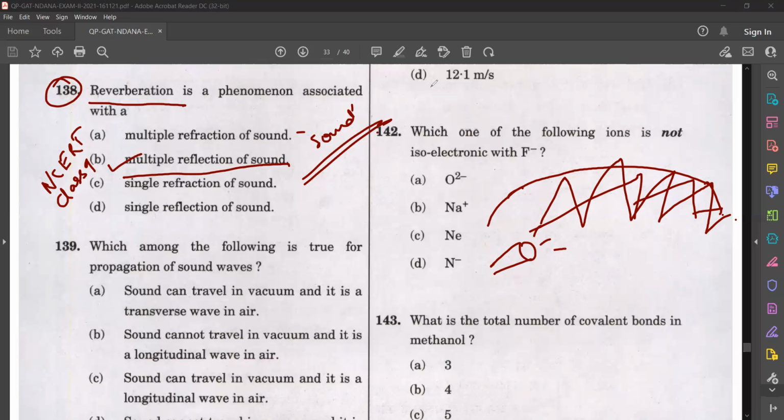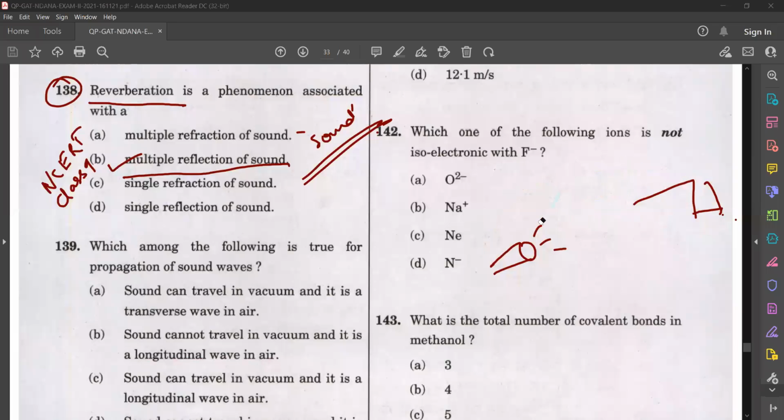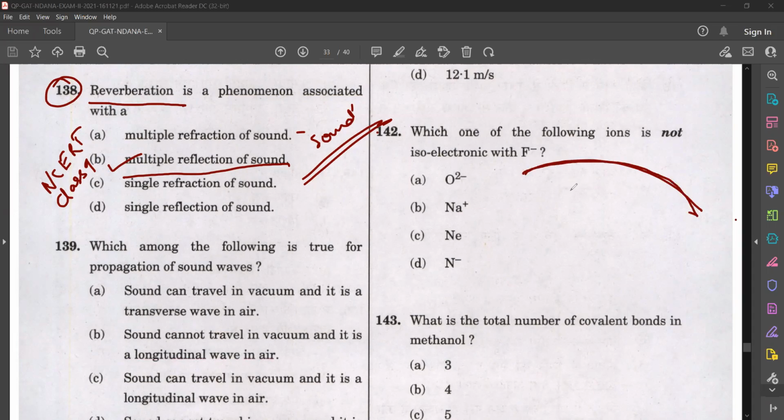In order to prevent reverberation, in theaters and cinema halls, they coat the surface with sound absorbing substances. Why? Because reverberation is prevented. Multiple reflection does not happen.